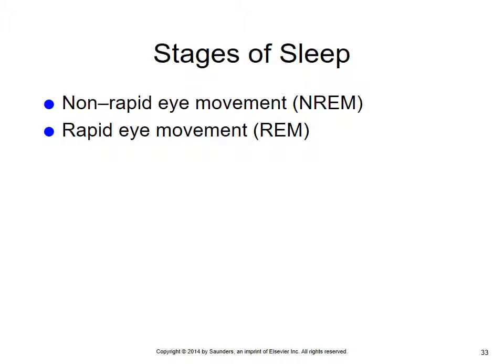The four stages of non-rapid eye movement sleep progress from light to deep. Rapid eye movement sleep is characterized by fluctuating blood pressure, respiratory rate and rhythm, and pulse rate. The most obvious characteristic is rapid eye movements, for which the sleep stage is named.